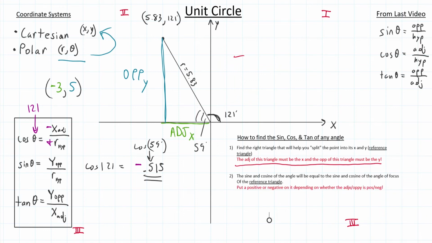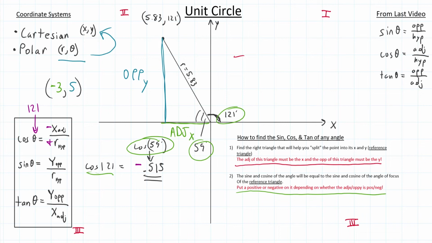So that's your step 2. Let's read through that. The sine and cosine of the angle, our 121 that is, will be equal to the sine and cosine of the angle of focus of the reference triangle. That's our 59. That's what we just did. Cosine of the angle that we're interested in, the 121, will equal the cosine of our 59, but we have to put the positive or negative on it depending on whether that x, that adjacent, and that y, that opposite, is positive or negative.